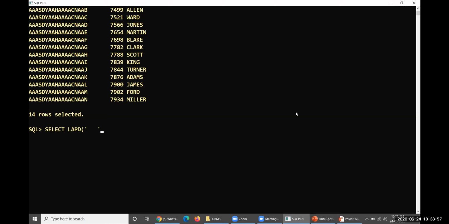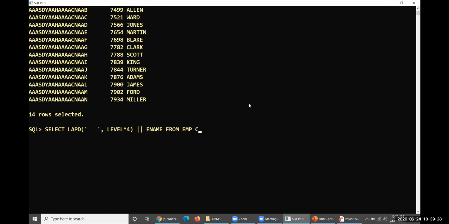Comma, level, which could be taken here, level into 4 or 5, because it will produce some space while displaying. Then concatenated ename from EMP. Employee names will be segregated by hierarchy.